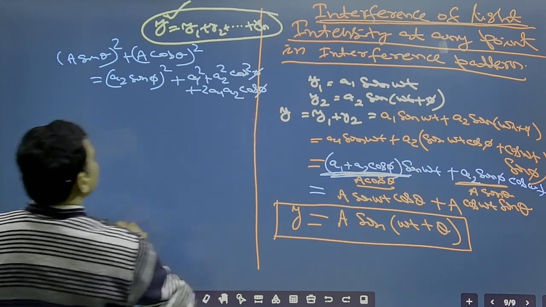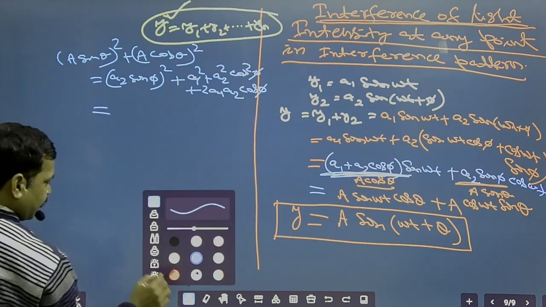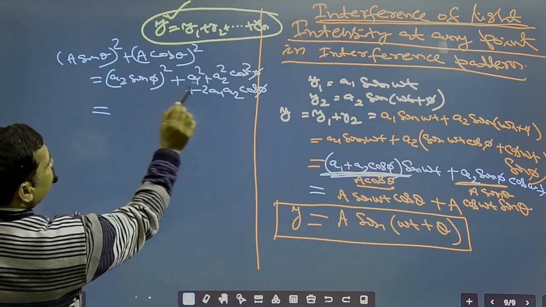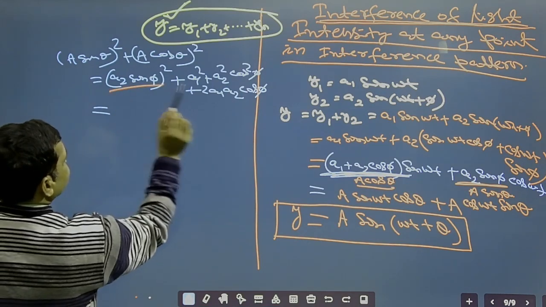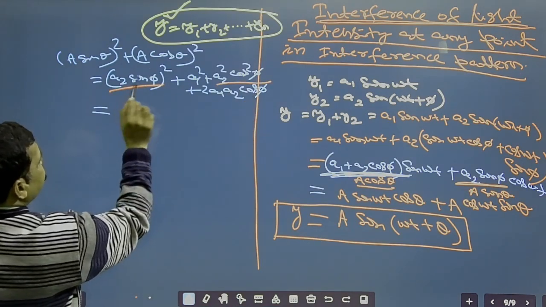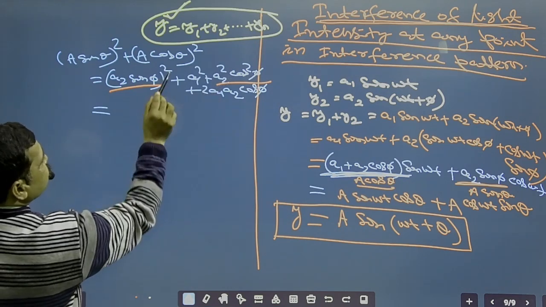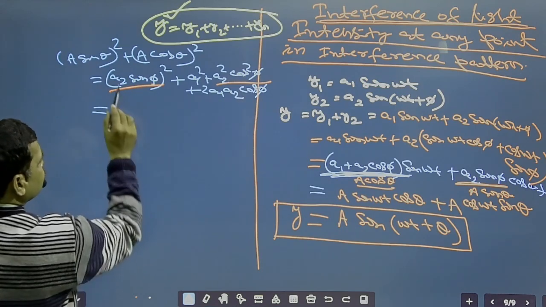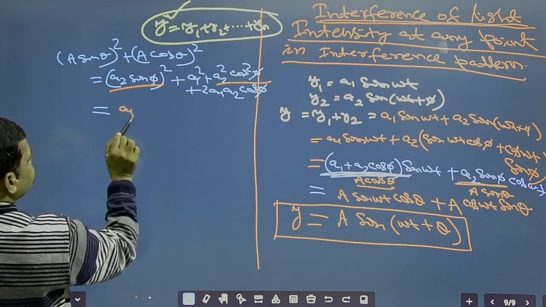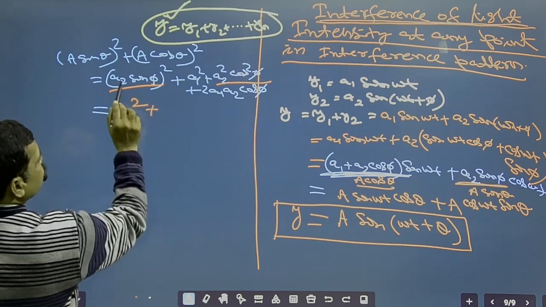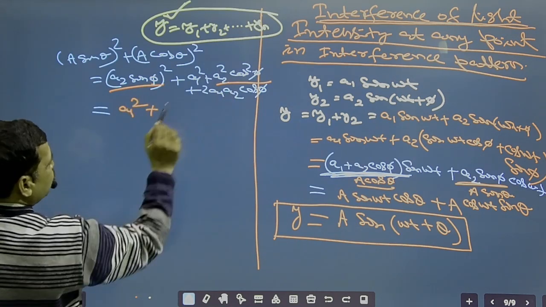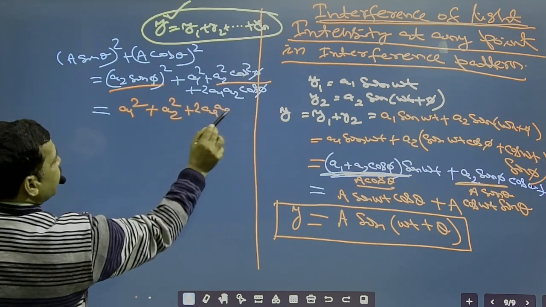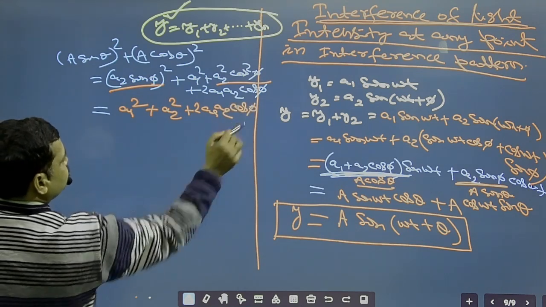Now we can write a2 squared sin squared phi and a2 squared cos squared phi. If I take a2 squared common, this will be sin squared phi plus cos squared phi, which will be 1. So here we can write simply a1 squared plus a2 squared, and this will come as 2 a1 a2 cos phi.